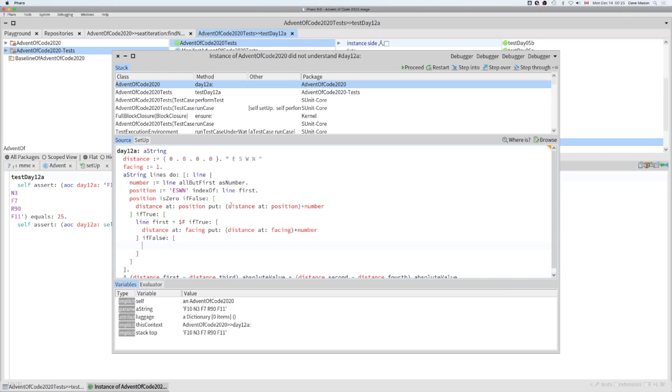So if the direction is left, so if line first is equal to L, then the number is the negative of the number.